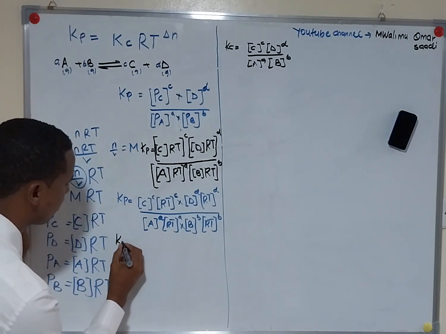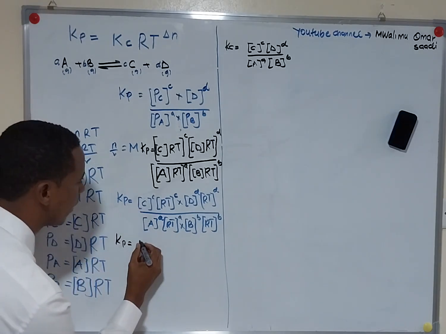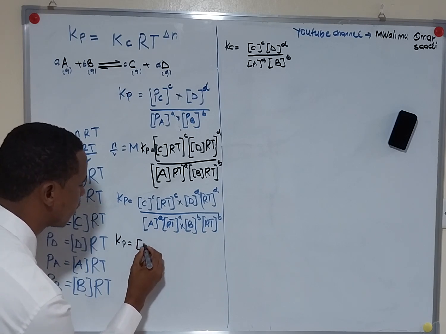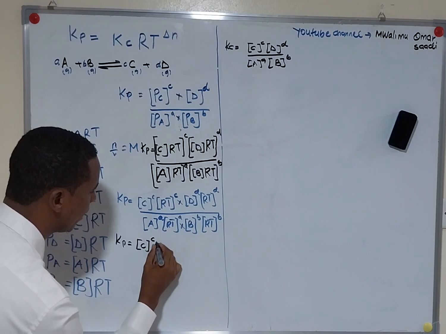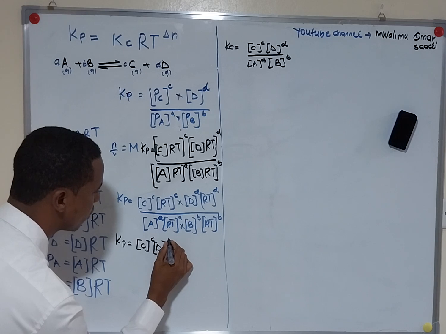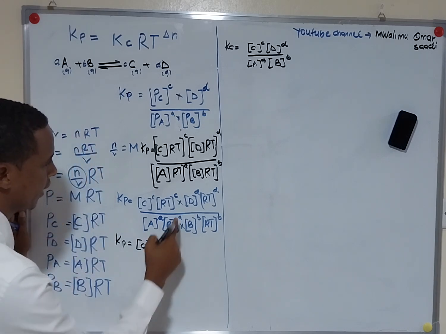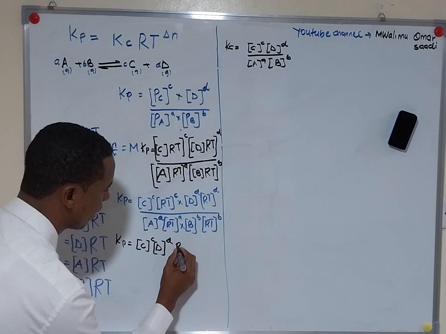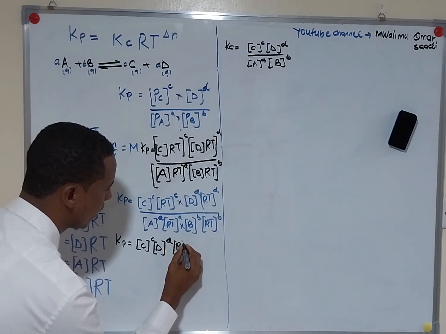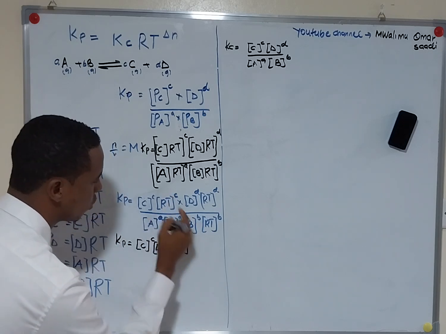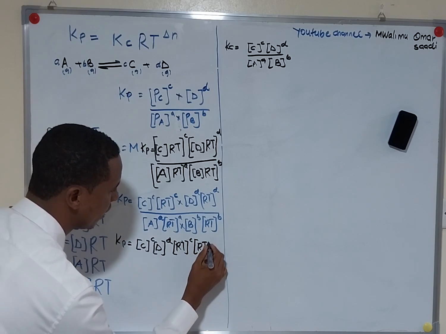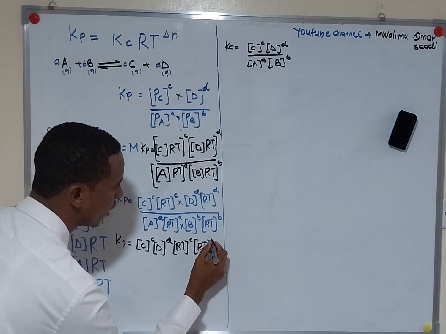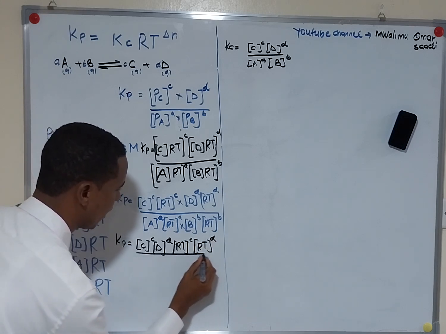We will have Kp is equal to the concentration of C raised to c times the concentration of D raised to d, then RT raised to c, multiplied by RT raised to d, all over.